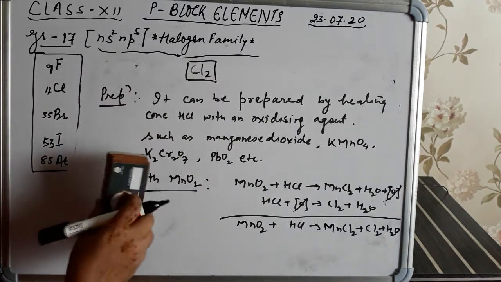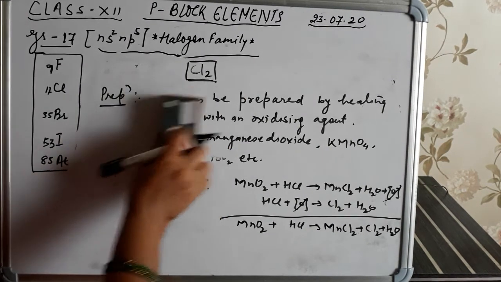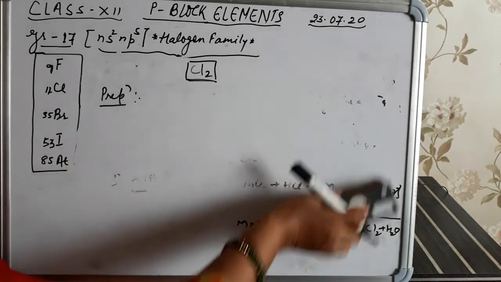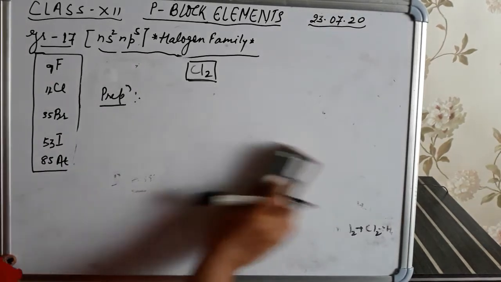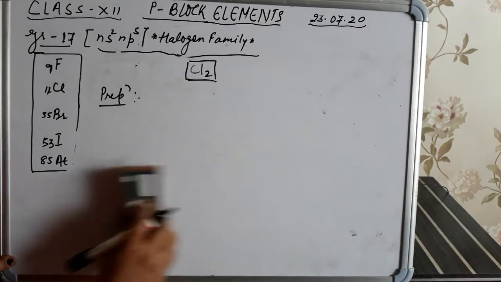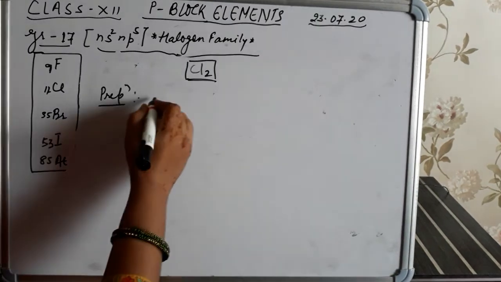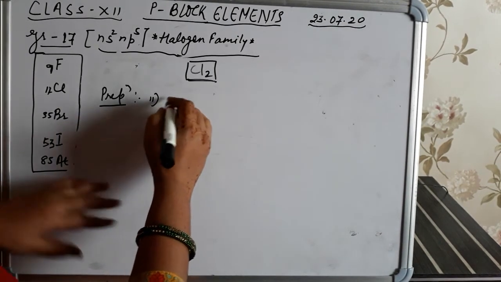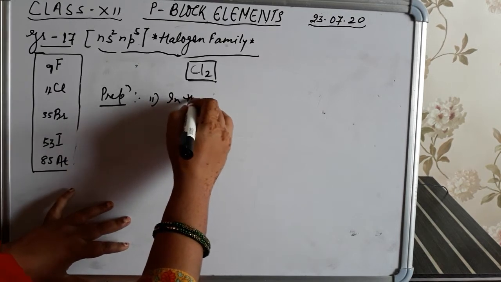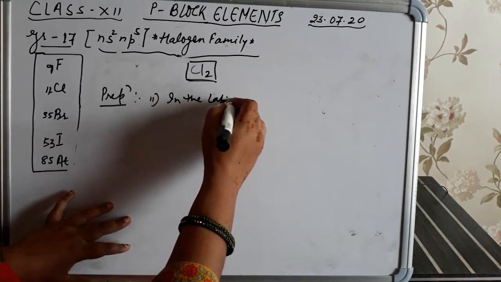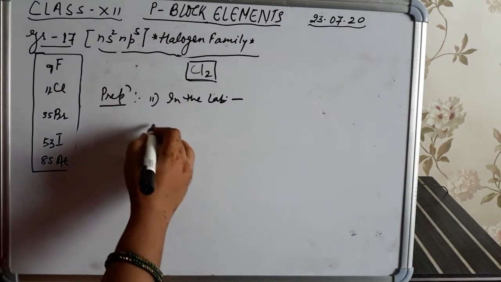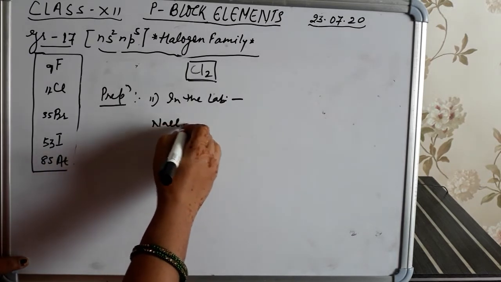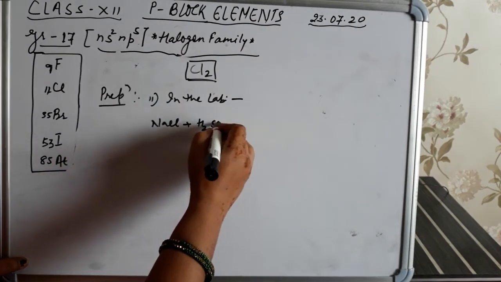So how can we prepare chlorine in the laboratory? So write down the laboratory method also. The second preparation method, which is used in the laboratory also. In the laboratory we will use NaCl plus H2SO4.